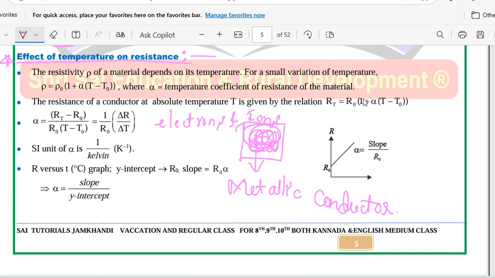When the temperature of the conductor increases, the vibration of the ions of the lattice increases. Is it or not?